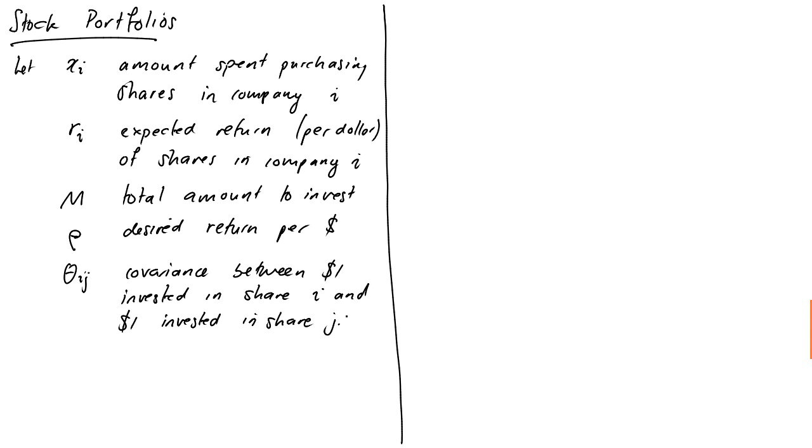If company I crashes and its stocks plunge by a whole lot, will the same thing happen to company J, or is company J pretty much independent of company I? And we measure this by the covariance.